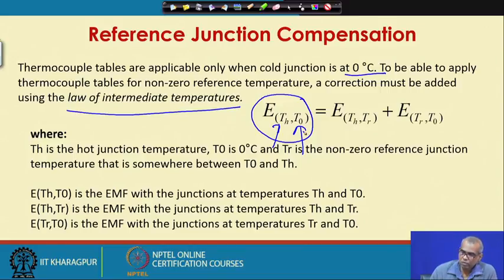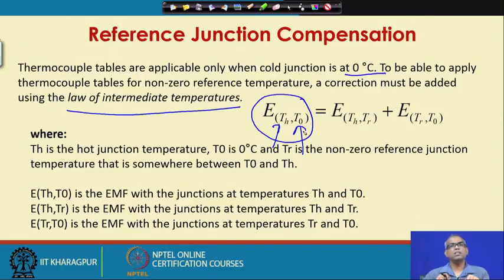Now, if you remember our discussion on laws of thermocouples, when we talked about the law of intermediate temperature: if I take a thermocouple which works between temperatures T1 and T2, it produces say EMF E1, and then I consider the temperatures T2 and T3, the EMF produced is E2.